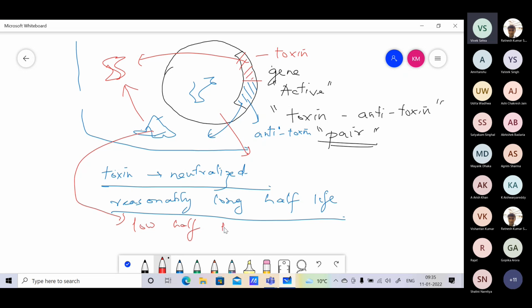So the antitoxin tends to degrade very fast and the toxin remains, because the plasmid is lost, both toxin and antitoxin production are gone. And therefore, the cell is now faced with active toxin, which is not getting neutralized, and that kills the cell.